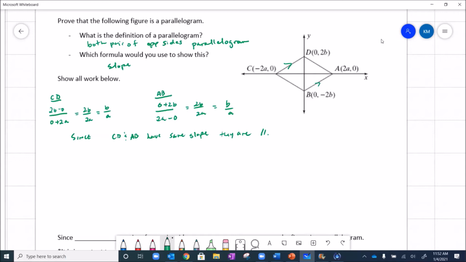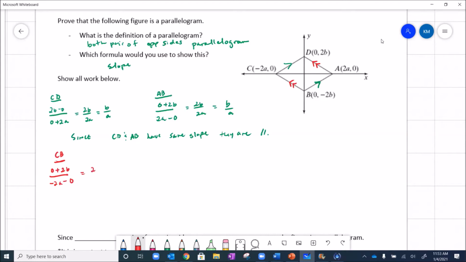Now I need to do that same thing with the other pair of sides. I'll use a different color so that we can see where the work is separated a little bit easier. If I do that same thing with CB, 0 minus 2b, or 0 plus 2b because it's minus negative 2b, over negative 2a minus 0.